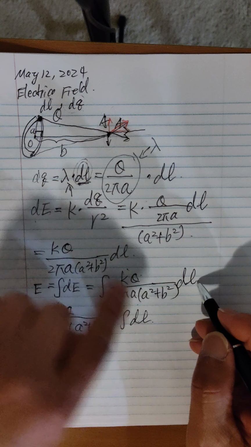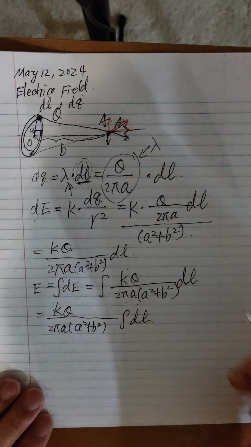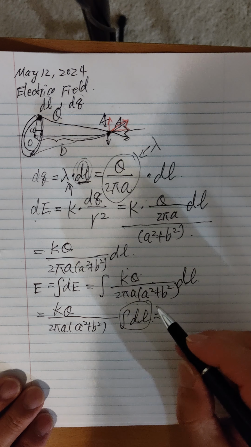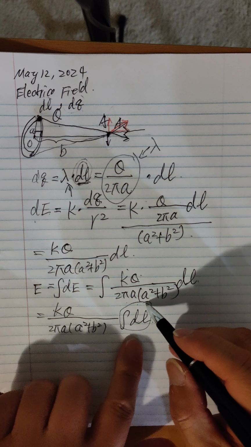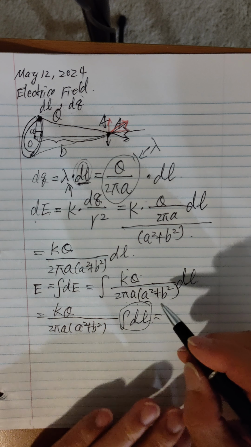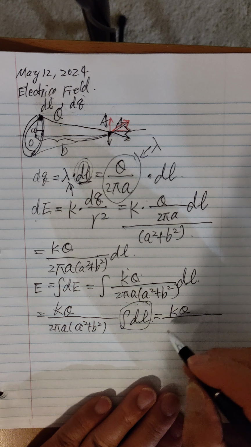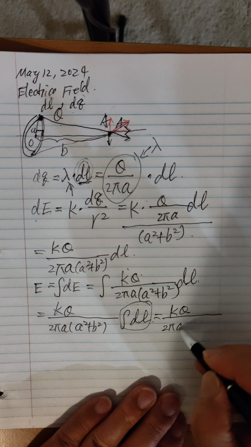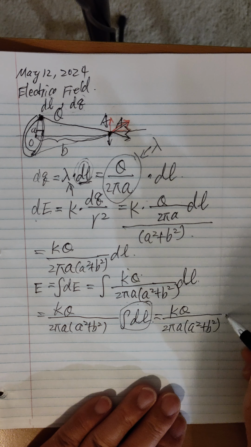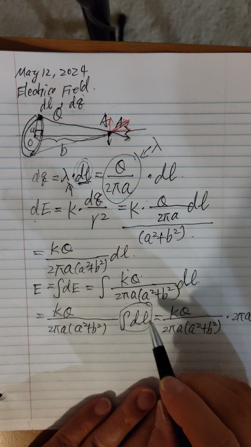But if we integrate the whole thing, that actually becomes the circumference of the ring, right? So we know this part, based on the geometry, is going to be 2 pi a. So we have kq, just copying the constants, over 2 pi (a squared plus b squared) times an additional 2 pi a, which is the whole integration right here.